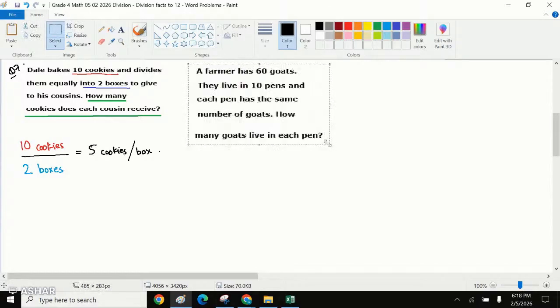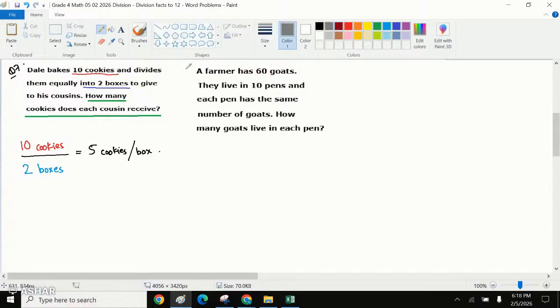Let's realign this. If a farmer has a total of 60 goats, and they are living in 10 partitions, 10 pens, right? They are also saying that each pen has the same number of goats. They cannot be greater, they cannot.